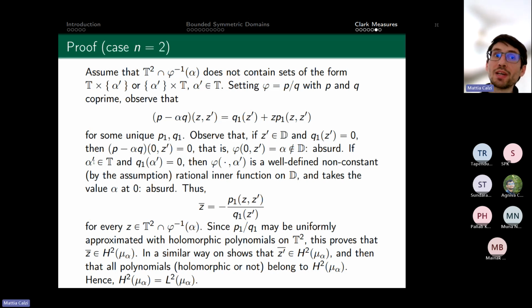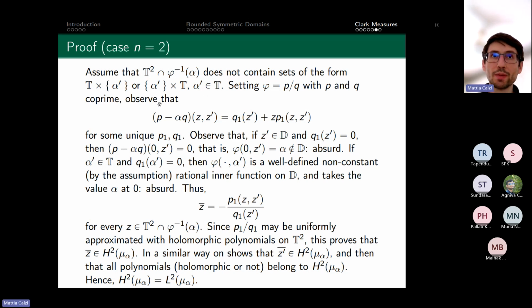In the case of alpha in the boundary, this is slightly more tricky, because you have to consider some parts of phi in the boundary. But the point is that this object here, as a quotient of these two polynomials on the boundary, is well defined. And it is well defined because of these two assumptions.